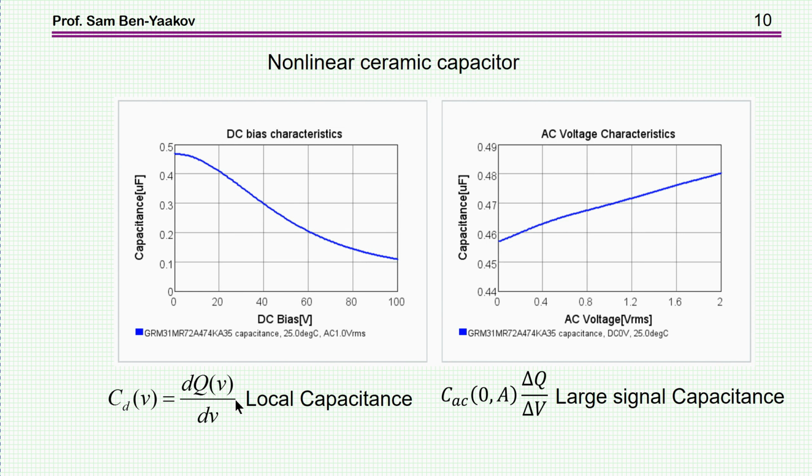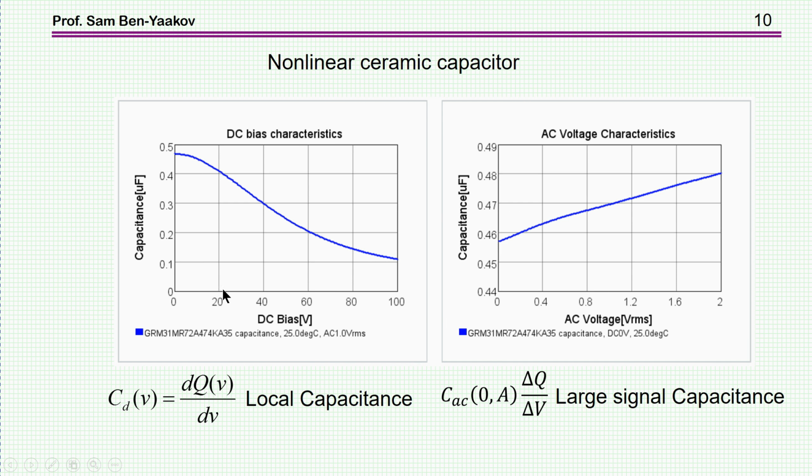Now, in the case of the data given by the manufacturers, we have actually here the local capacitance or small signal capacitance, which is shown here. This is small signal excitation. Well, it's not that small, it's 1 volt. It would have been better to measure it at a lower amplitude, but this is what we get, 1 volt RMS.